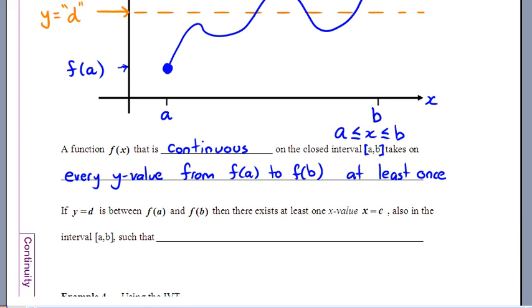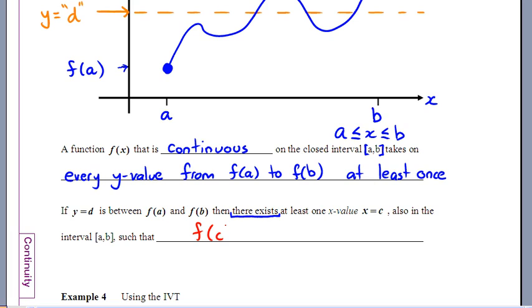Now, the notation you might see written a little more formally says, if y equals d is in between f of a and f of b, then there exists, right? This is what we call an existence theorem. It doesn't tell you how to find it. It just says, don't lose any sleep, it will be there somewhere. There will exist some x value, let's call it c, such that we do actually have this collision between the two things.